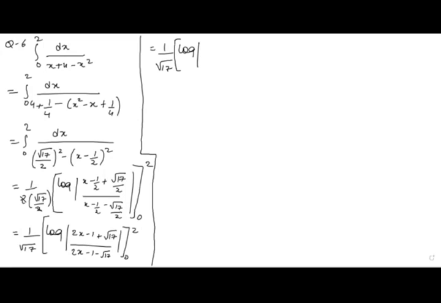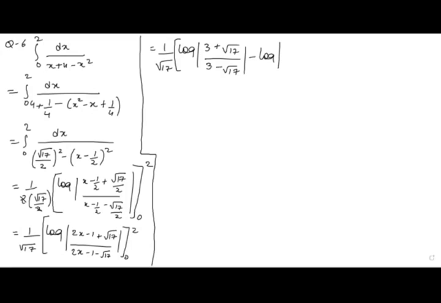Keeping the value of x as 2, I will get 2 2s are 4 minus 1, 3 plus root 17 upon 3 minus root 17, minus log mod.